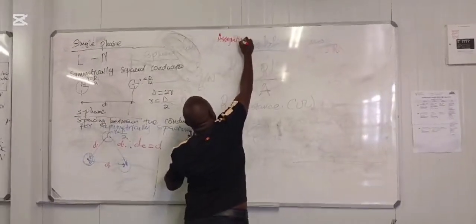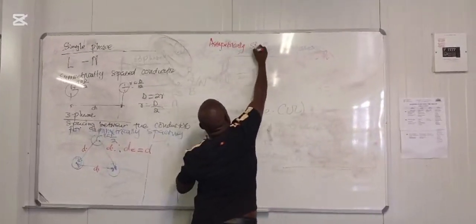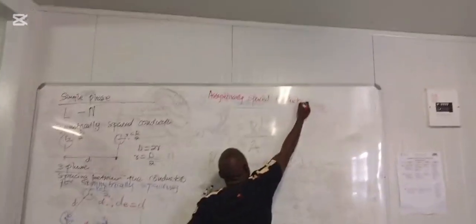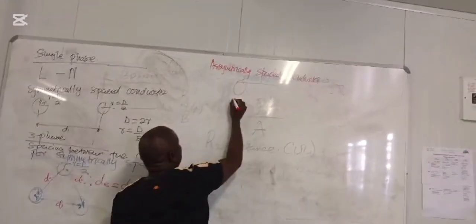Now, for asymmetrically spaced conductors, the conductors will be spaced this way.